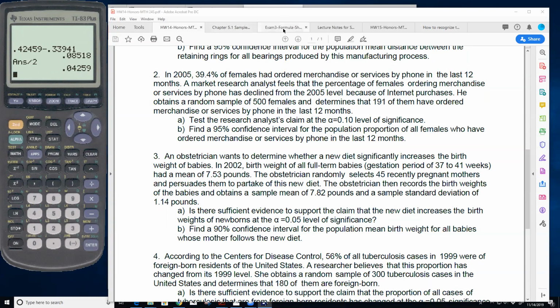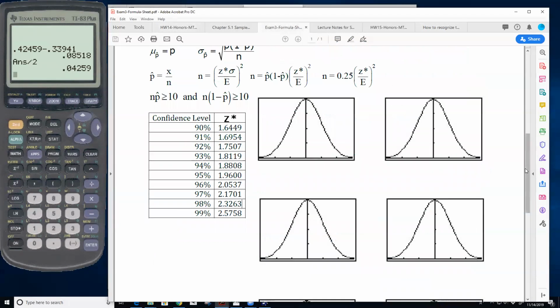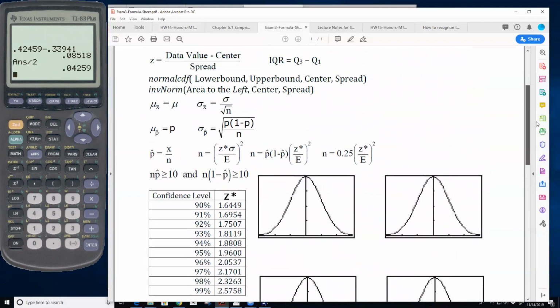So what I'm going to do is, better make a note here. All right. So I'm going to work on the formula sheet here, because that way I got some room to do my work. So let's get my little annotation tool.